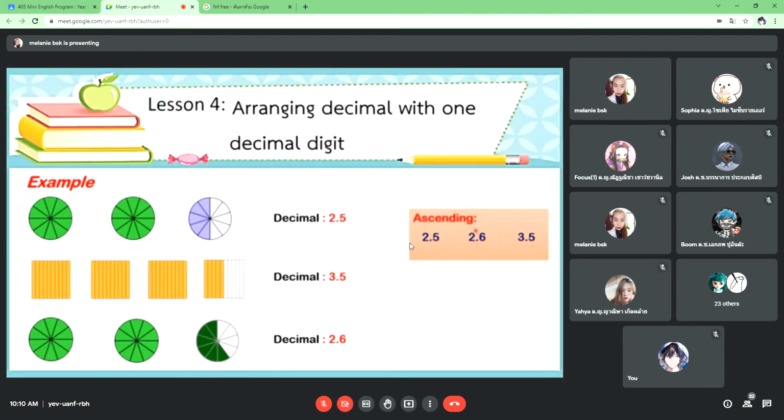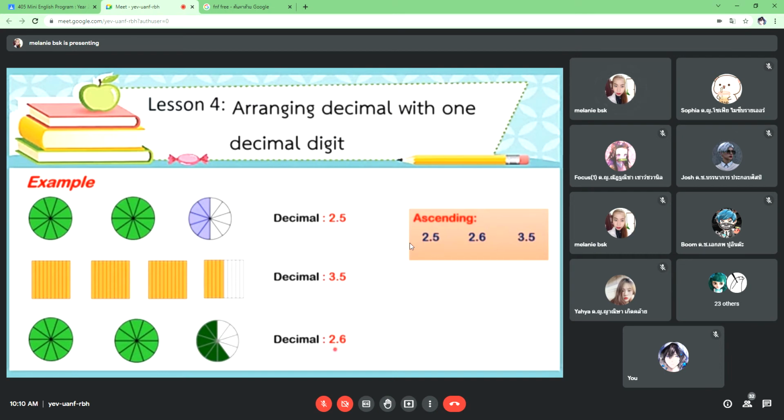So in this ascending order, you are going to compare the first number. Compare it: 2, 3, and 2. Since you can see the same number, right? So no need to compare.